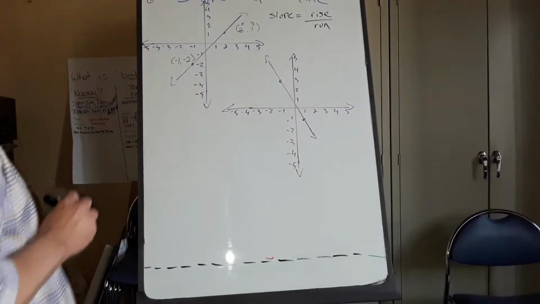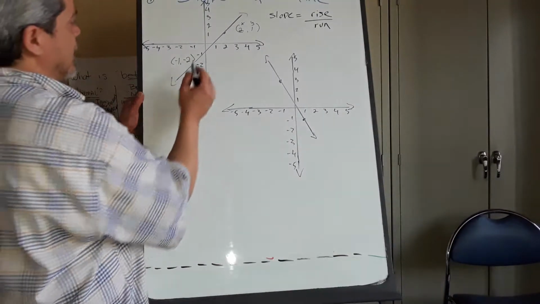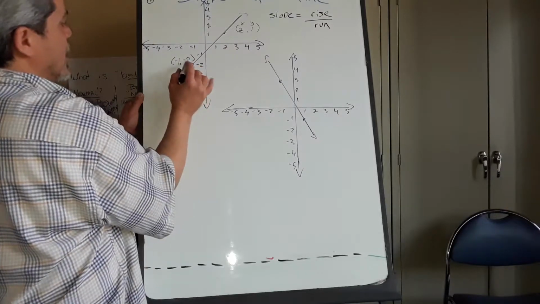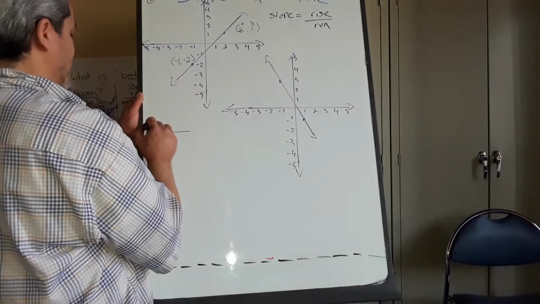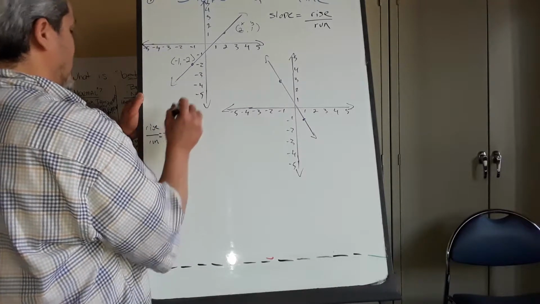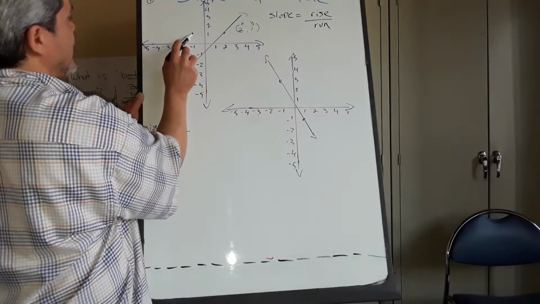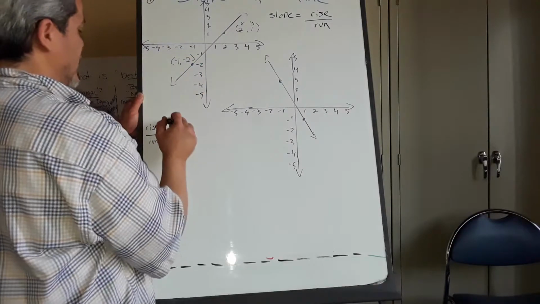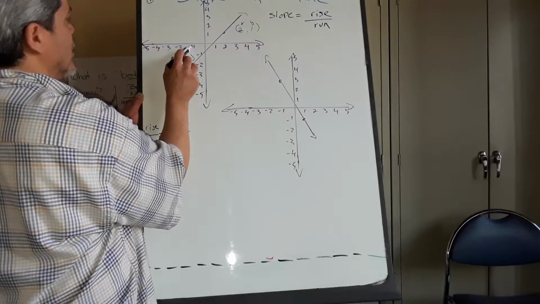Now, how do we get from, say, here to there? So we go up, our rise is going to be 1, 2, 3, right? So the rise is 3.